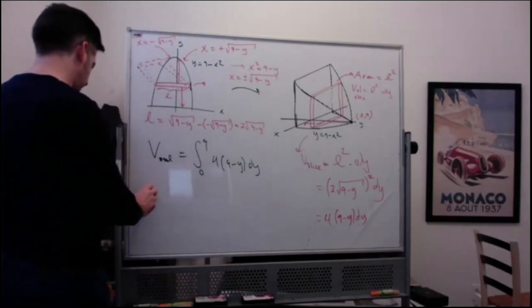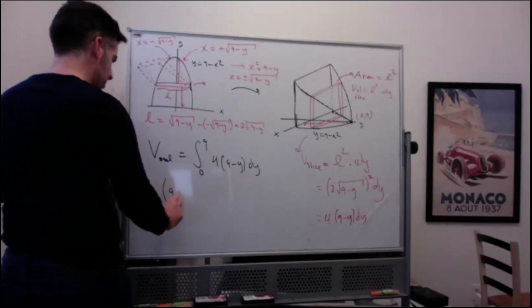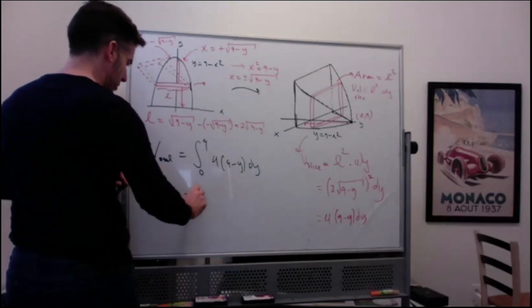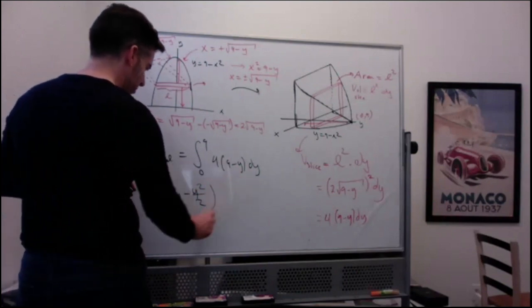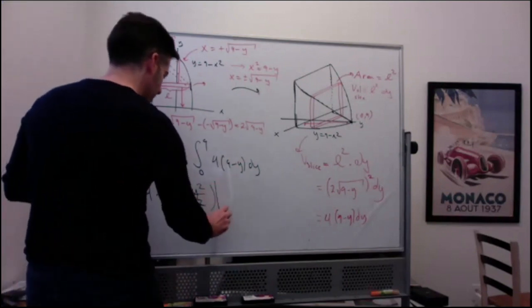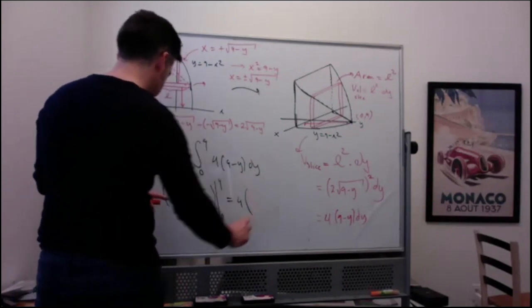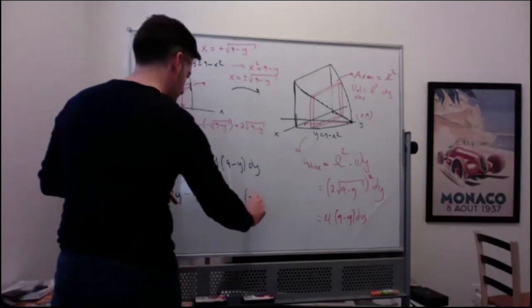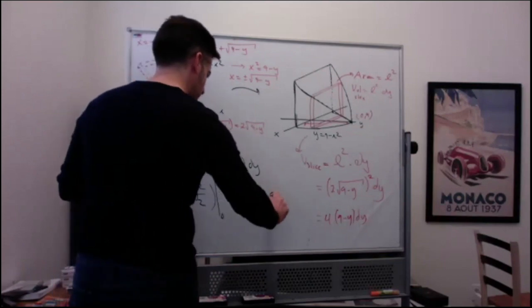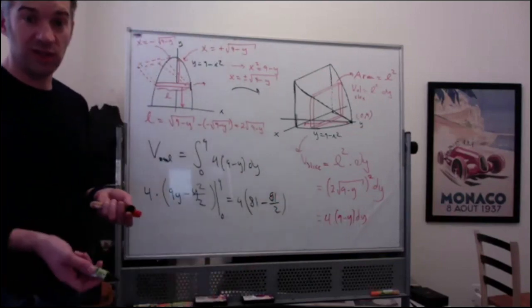I'm just going to leave the 4 out in front and integrate 9 minus y as 9y minus y squared over 2. Maybe it would have been good to distribute the 4. I don't know. It's fine. From 0 to 9, you plug in the limits of integration. You get 4 times 9 times 9 is 81, minus 9 squared over 2, which is 81 over 2. And then you plug in the zeros and you do get 0.